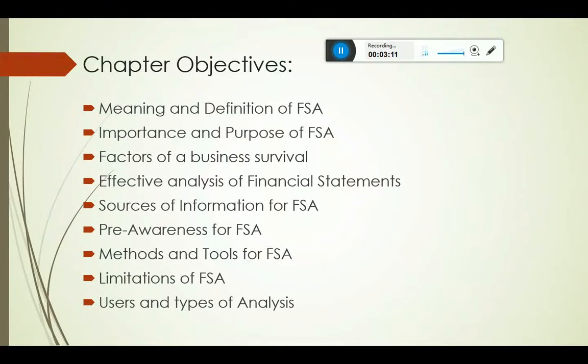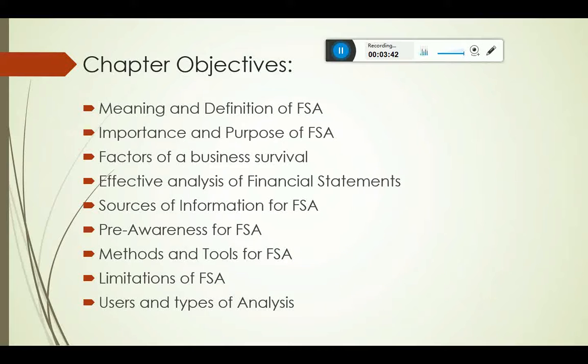All these topics are not very wide. They are very small topics, but very key topics, very important topics. They are preliminary or fundamental topics which will pave the basis for the upcoming chapters and for the entire financial statements analysis subject, and for all those contents that we are going to cover in this semester.